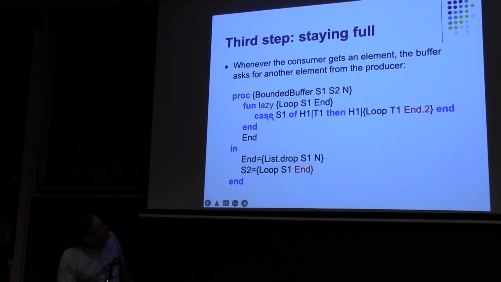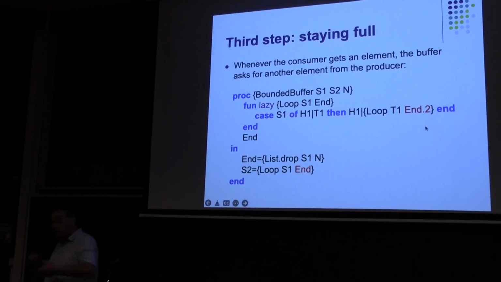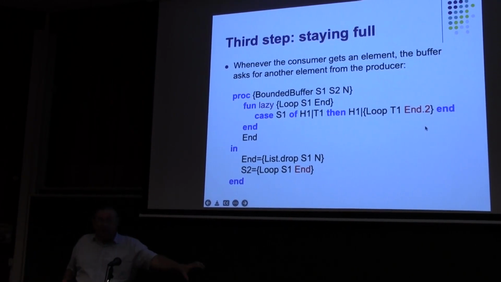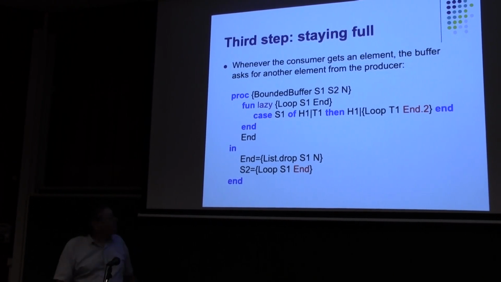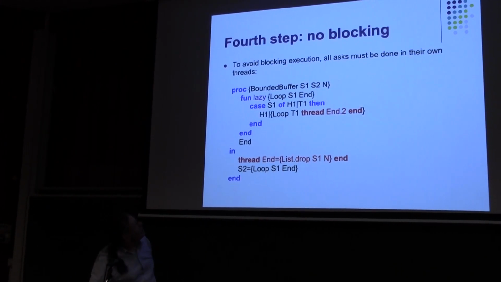And so if I don't want this n.2 to block, it's very easy to fix that. I just stick it in its own thread. That thread will wait, but the bounded buffer will not wait. And so this list.drop also has to be put in its own thread.